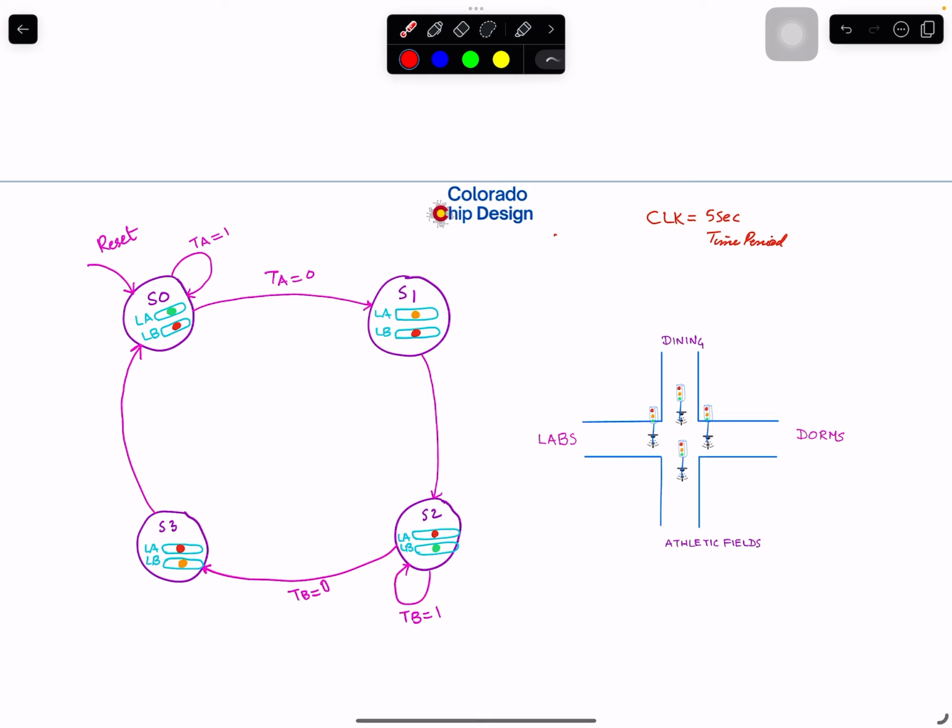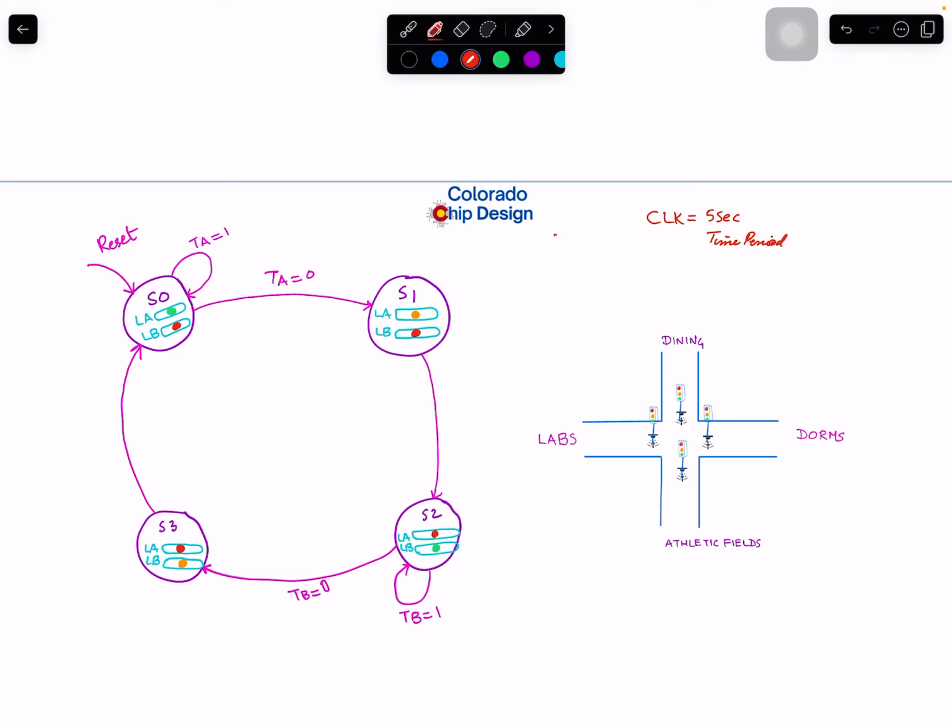So when reset happens, RT I call it, but here I'm writing reset, we are in S0, state 0. And what happens in state 0? Our light A, I should mention it here.